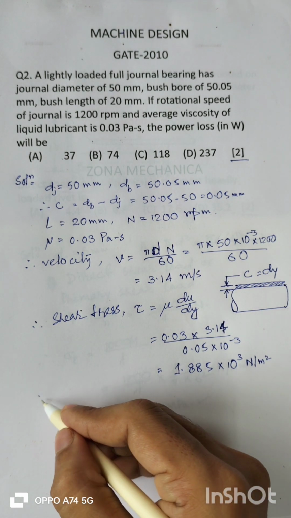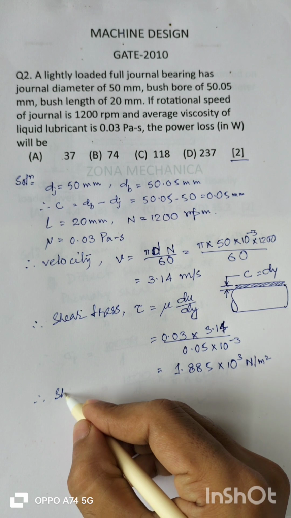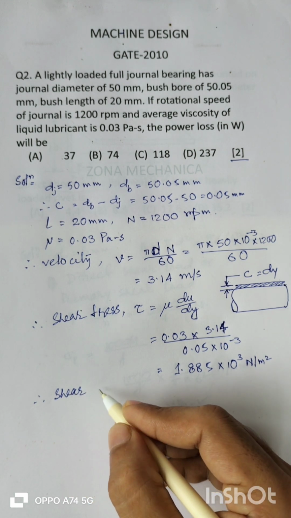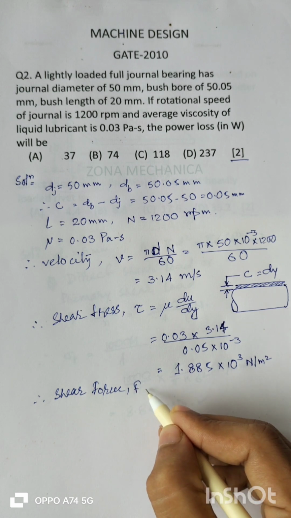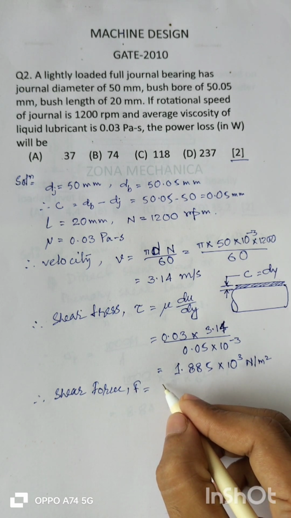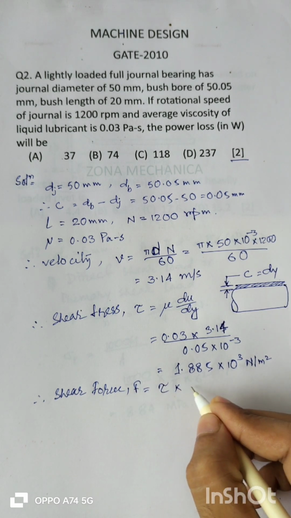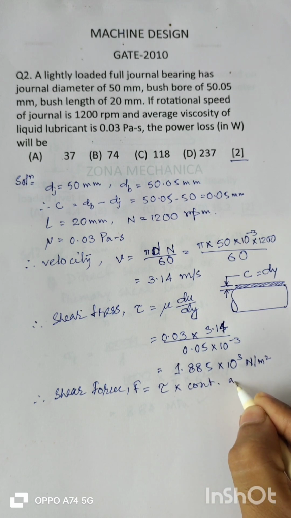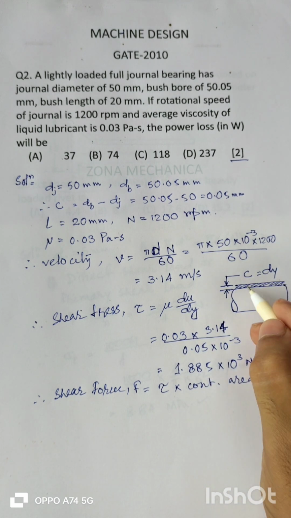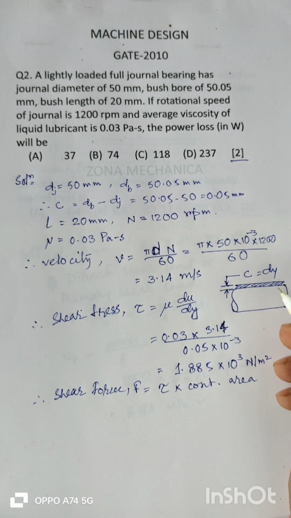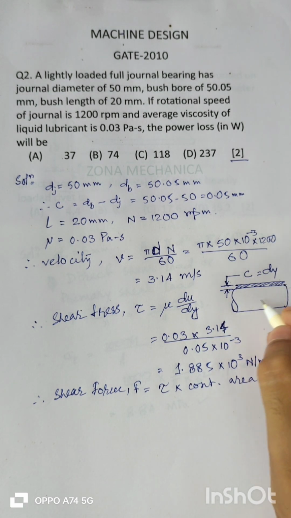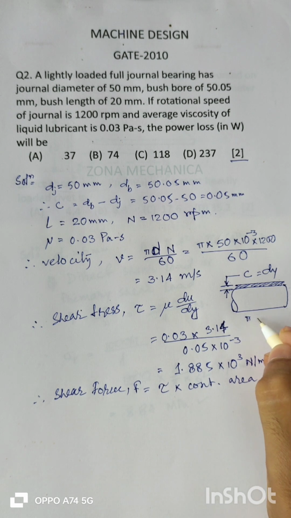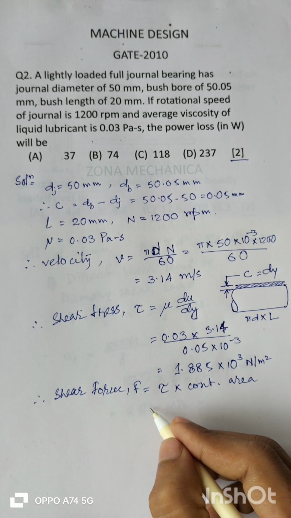So therefore the shear force F acting on the shaft will be tau into the contact area. The area is pi d multiplied by L, the length.